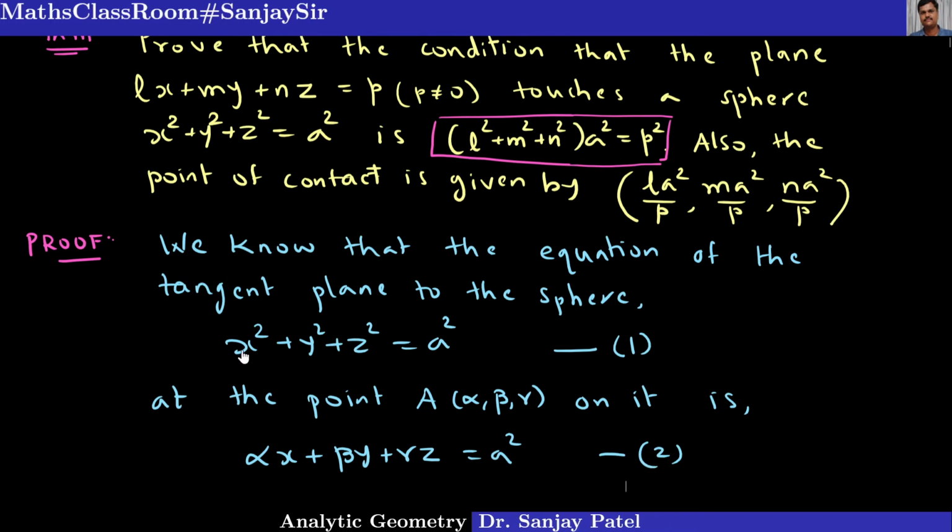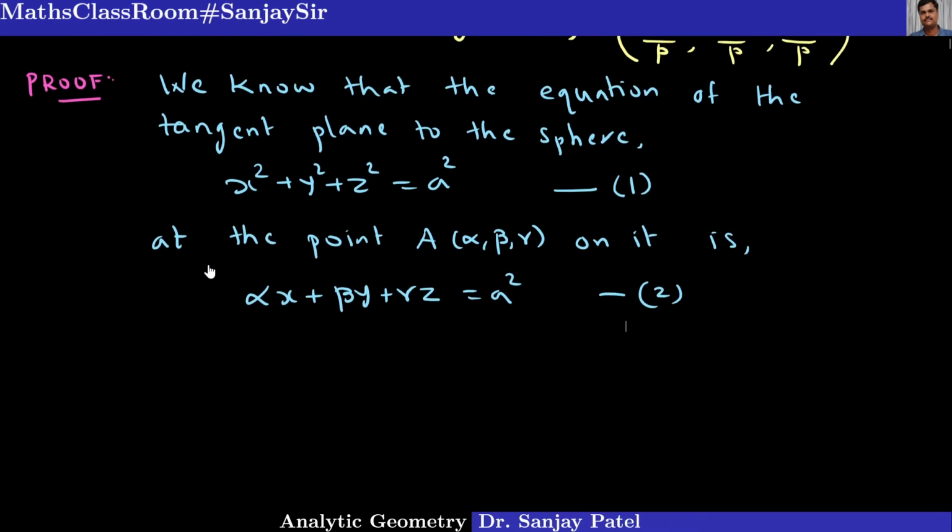So we know that if a point alpha beta gamma is given, then the equation of the tangent plane to the sphere is given by this equation.